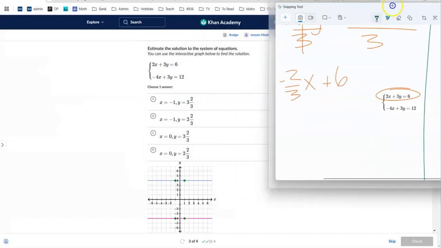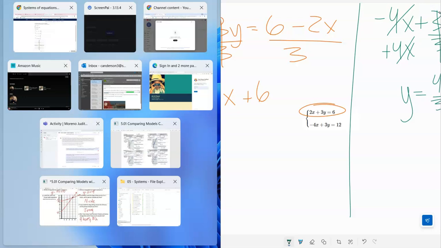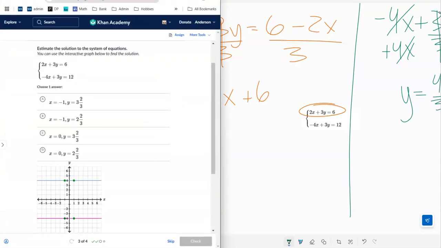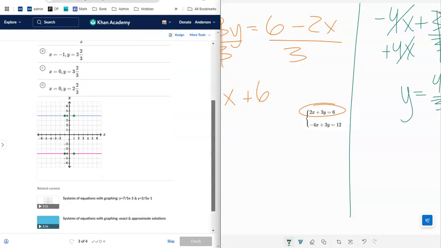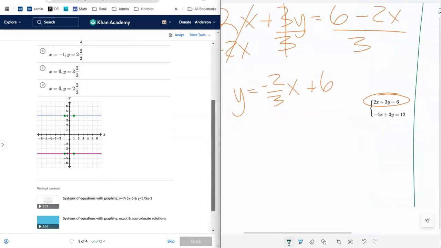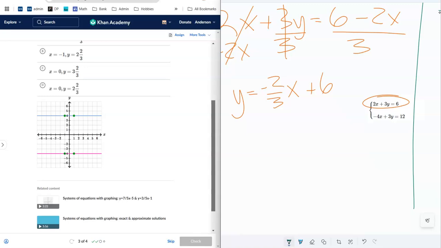All right. Now, let's graph them. So the first one, plus 6. And then our slope is down 2, run 3. So down 2, 1, 2, and 3.